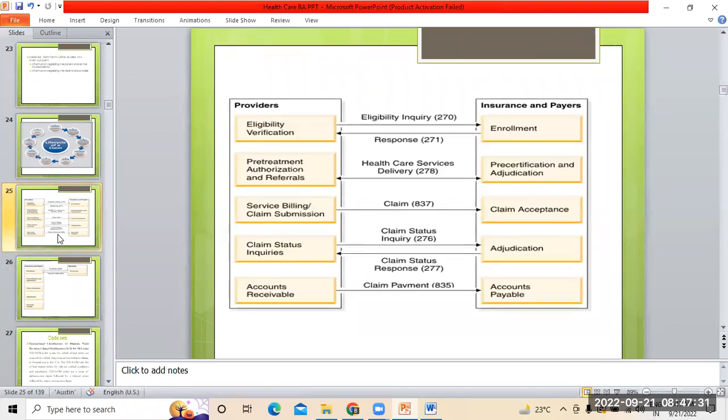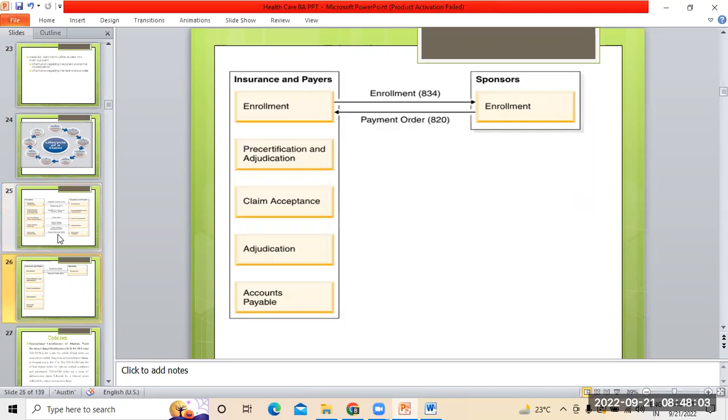Enrollment and claim payments are two different things: enrollment is 834, and claim payments happen through 835. Claim request is 837. Status inquiry and response are 276 and 277. Eligibility inquiry and response are 270 and 271. These are easy to understand. Maybe you may feel difficulty now, but once you recheck all that, you will anyway know it, right?